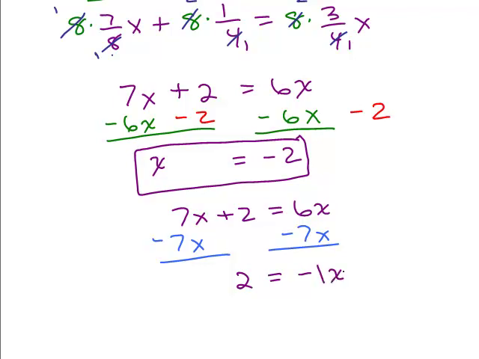And then you'd have to multiply or divide both sides by negative 1 or take the opposite of each side to get negative 2 equals x. And then you would rewrite it as x equals negative 2 anyway. All right, so either way is fine. Let's go ahead and check our answer.